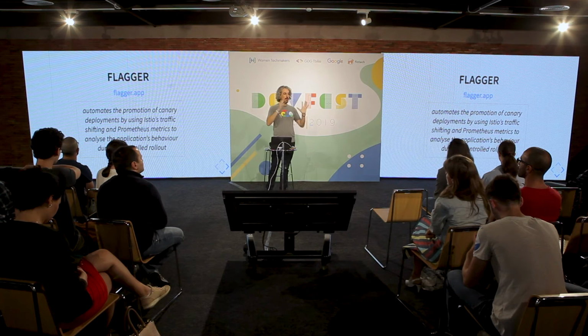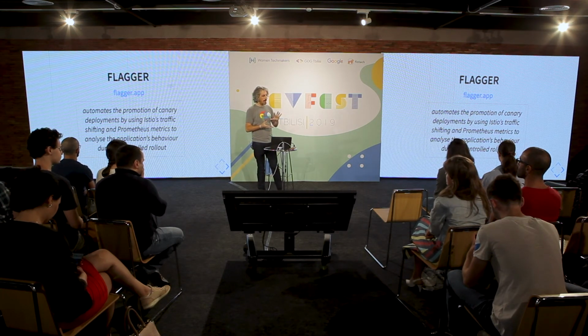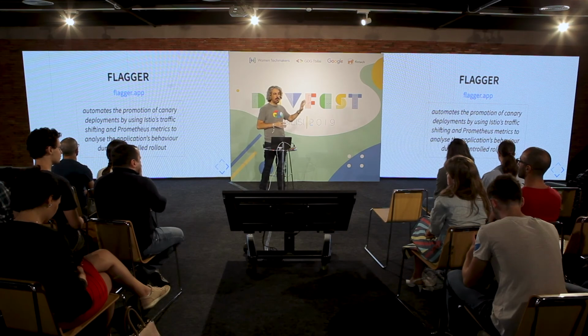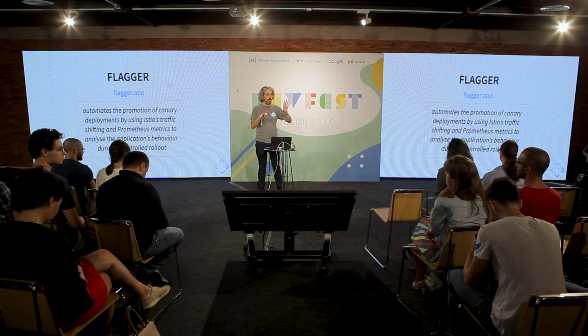And Flagger is a project that will automate all of this for you. So it's the thing that is sitting behind the scenes and is looking at the metrics and is controlling Istio and sending the traffic. So whenever Flagger detects a new deployment, it will hold it, and then it will do the 10%, 20%, 30%, and so on.